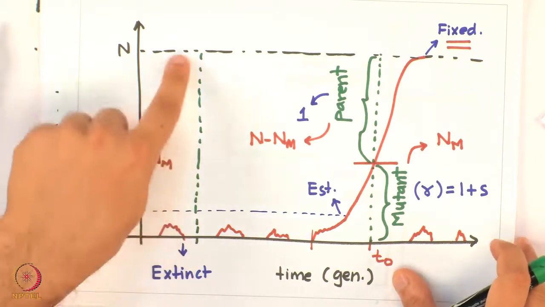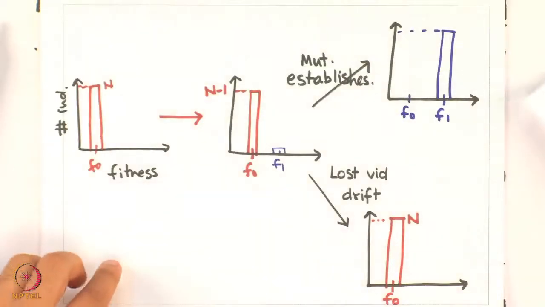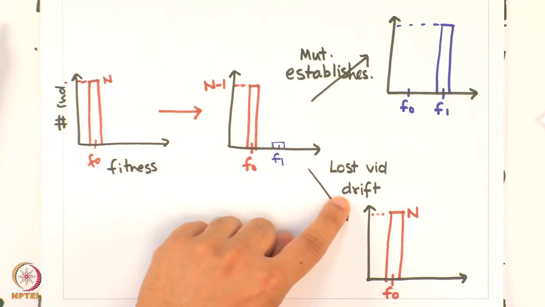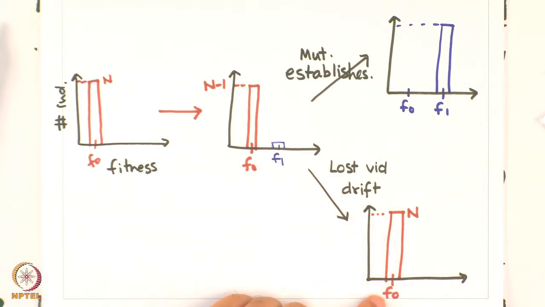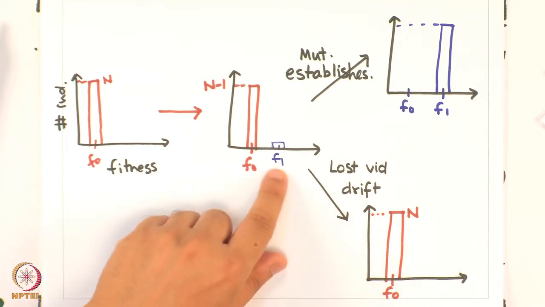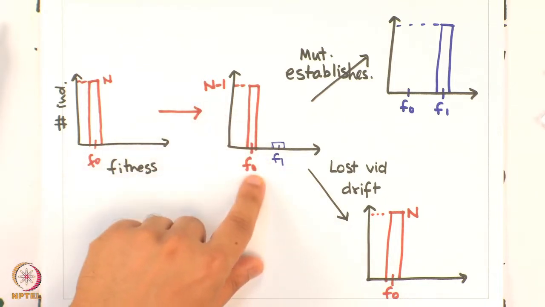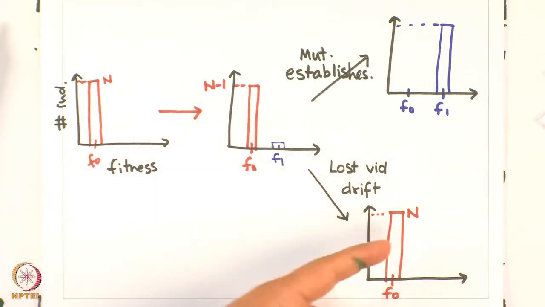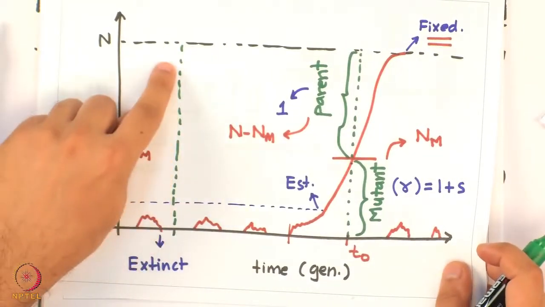So, all individuals belong to the parent genotype that I started with, which is exactly the same in this representation where this mutation was lost via drift. All individuals in the population belong to the parent genotype, which has a fitness equal to F0. So, that mutant got lost and the number of individuals belonging to the parent genotype went up from n minus 1 to n again, and hence we have n individuals at F0, which is exactly the same as this scenario.